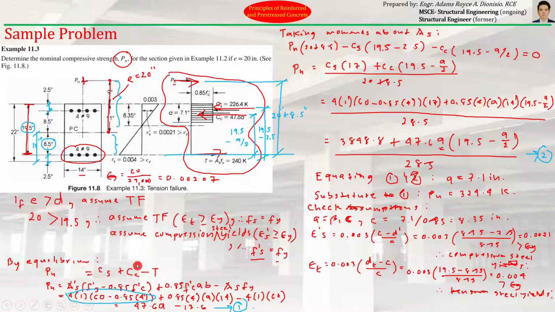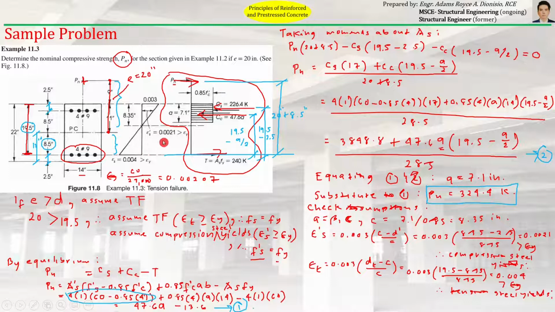So the final answer for this problem is this. Ang Pn for this given problem is equal to 324.4 kips. And that Pn with the given eccentricity of 20 inches will produce a tension failure similar to this. Okay?